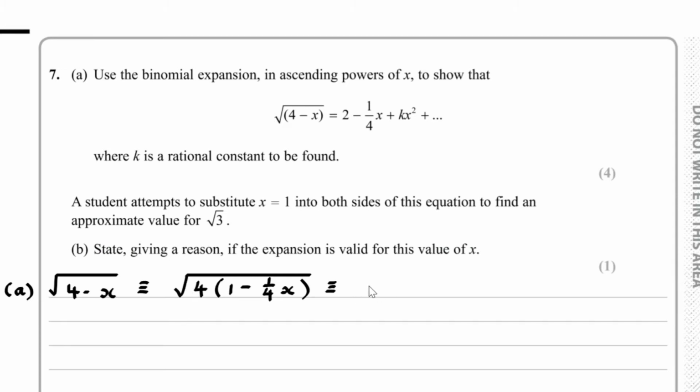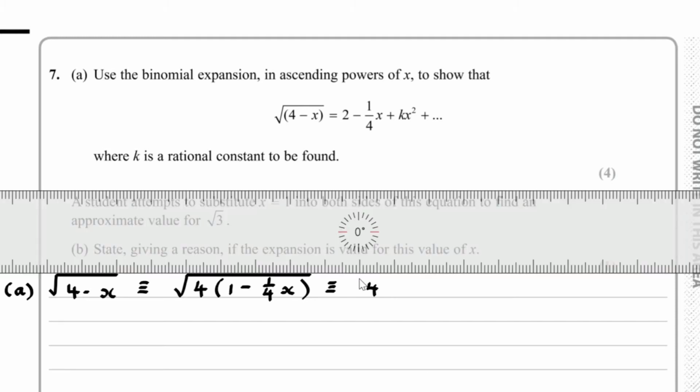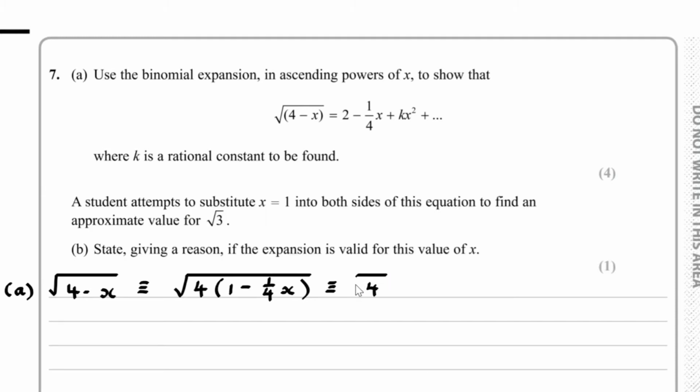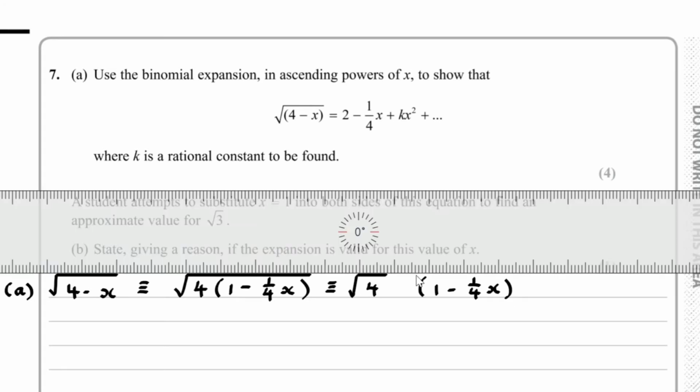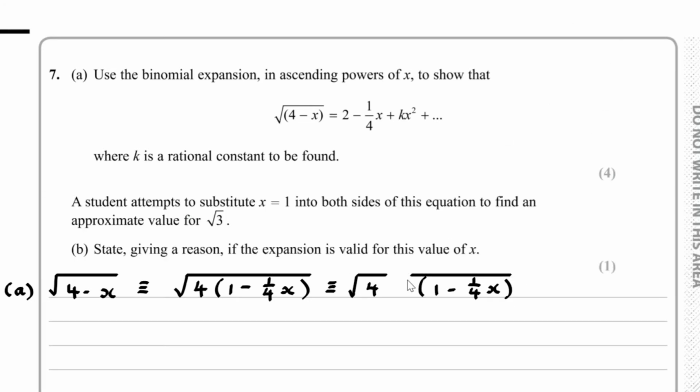And using the laws of surds, this is the same as the square root of 4 multiplied by the square root of 1 minus 1 quarter x. Now, technically speaking, we don't actually need these brackets here.